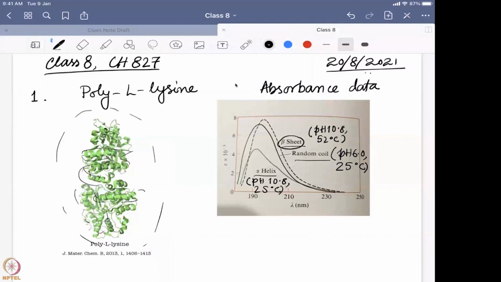So in studying the structure, it is found that simple absorbance spectroscopic data cannot give you all the information that is required. You need some other complementary data to support what is actually happening. Simple absorbance data, although showing some shift in the bands, does not show any characteristic change that you can follow to tell whether it is alpha helix or beta sheet or anything else.